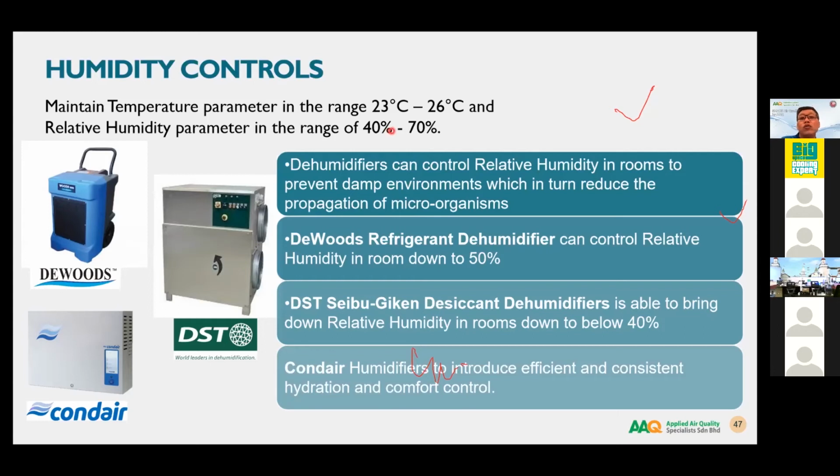Okay, so you have to look into it. So before you open up the damper, certain buildings have their ACMV designed with sufficient fresh air. Okay, I can give you one example.